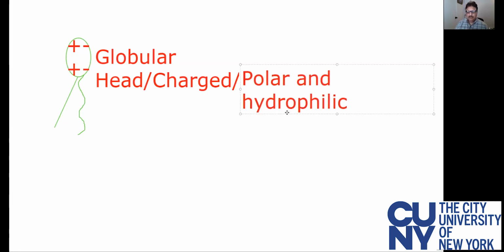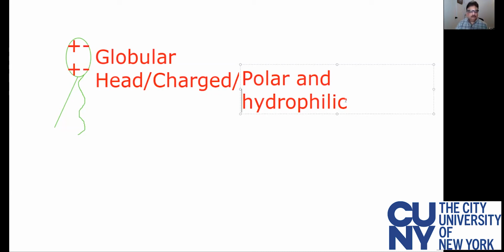So depending upon a particle or a substance, whether they like water or they don't like water. If they like water, it's called hydrophilic. And if they don't like water, it is called hydrophobic. So again, lipids are made up of a globular head and a thin tail-like structure. The globular head is charged, it is polar, and it is hydrophilic.